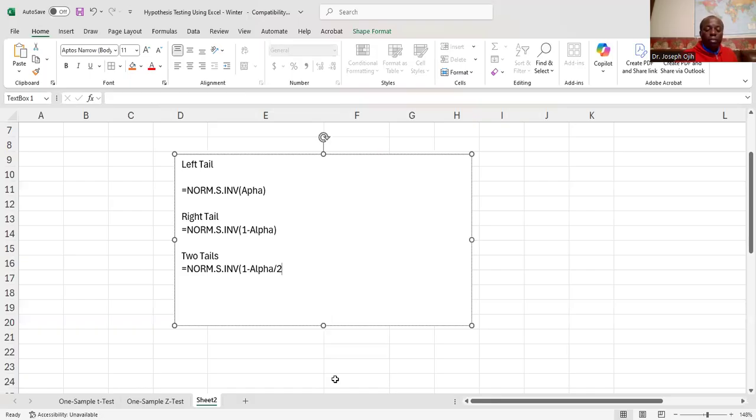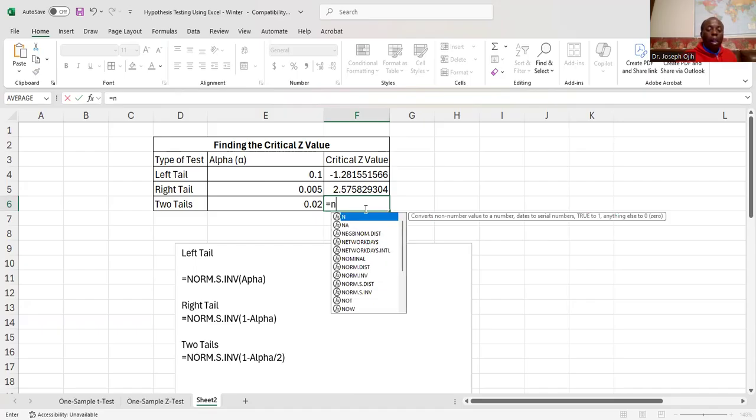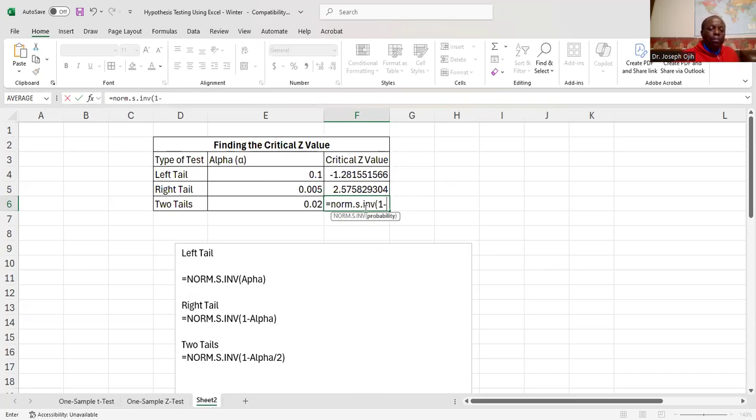So here you're going to have equals NORM.S.INV of 1 minus alpha divided by 2, and close parenthesis. That should give you the critical value for that.